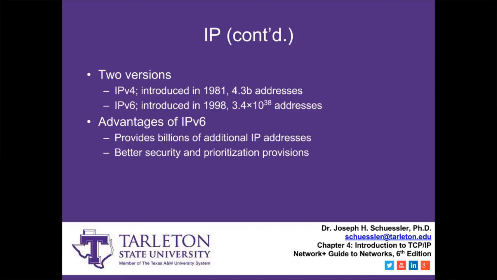And I don't even want to go into what that number is, 3.4 times 10 to the 38th power. It's a significant number of addresses. Some of the advantages to version 6 provides billions of additional IP addresses, but also provides better security and prioritization provisions.